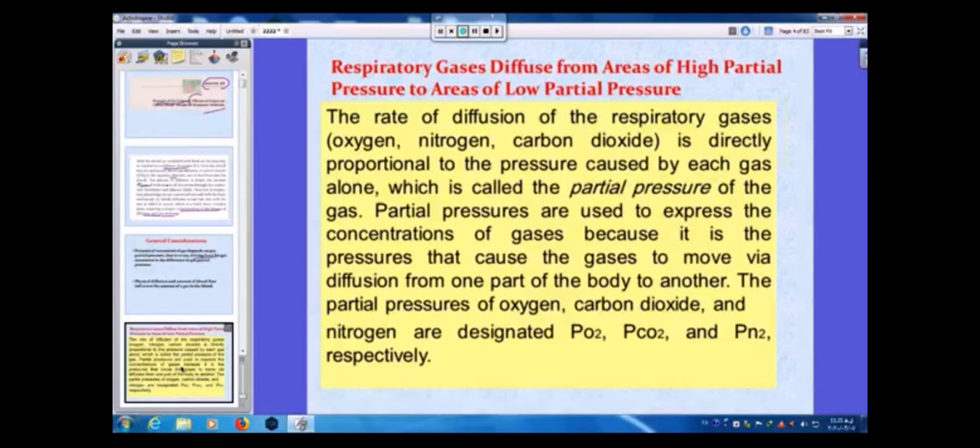What do we mean by partial pressures? Partial pressures are used to express the concentration of gases, because it is the pressures that cause the gases to move via diffusion from one part of the body to another. The partial pressures of oxygen, carbon dioxide, and nitrogen are designated PO2, PCO2, and PN2 respectively.